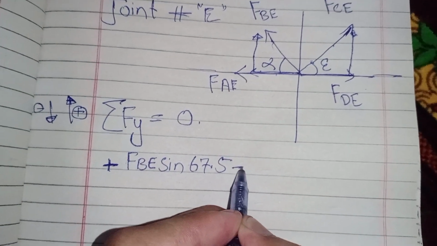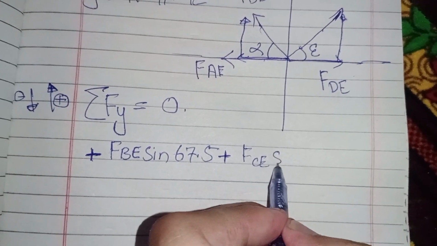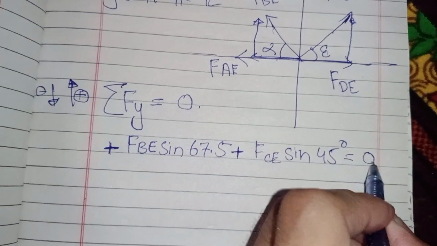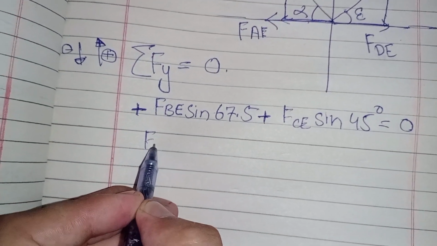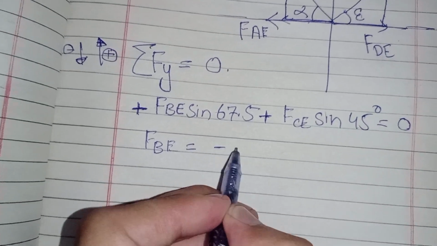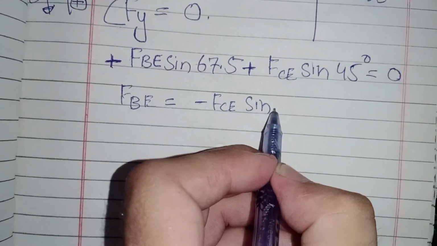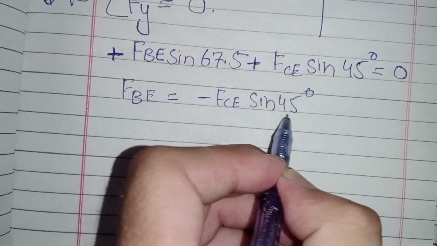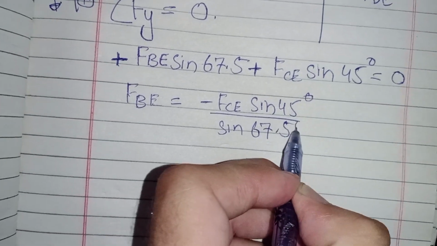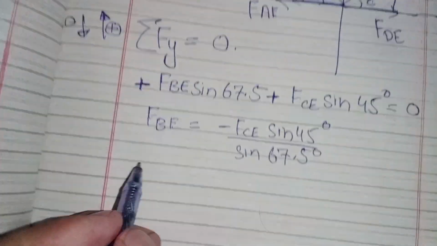Now I take this component plus F_CE sin 45 degree equal to 0. F_BE will equal to negative F_CE sin 45 divided by sin 67.5 degree. F_CE value is 2.74.